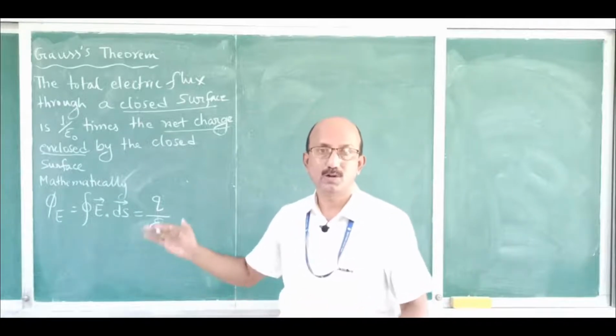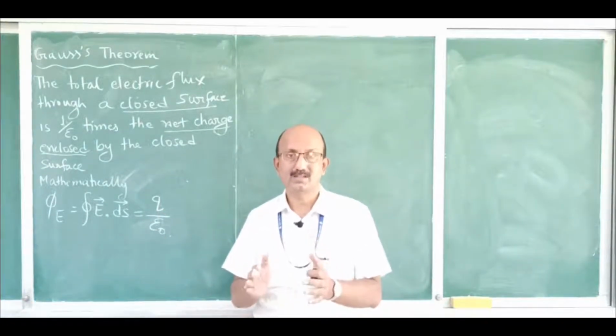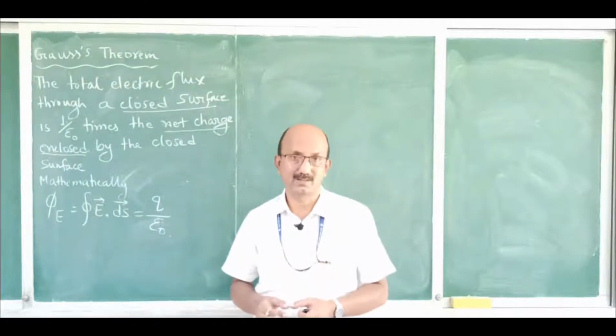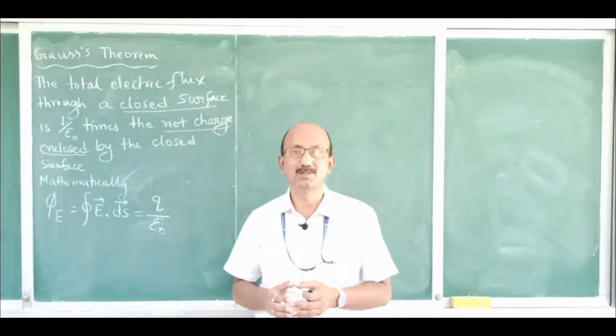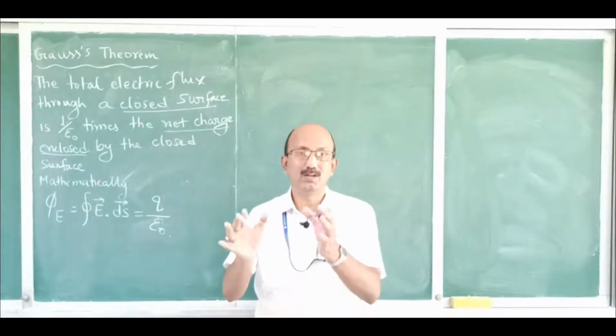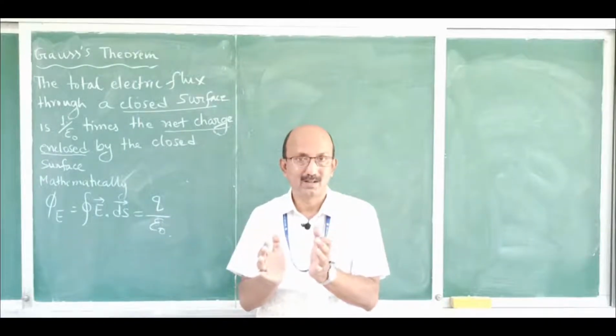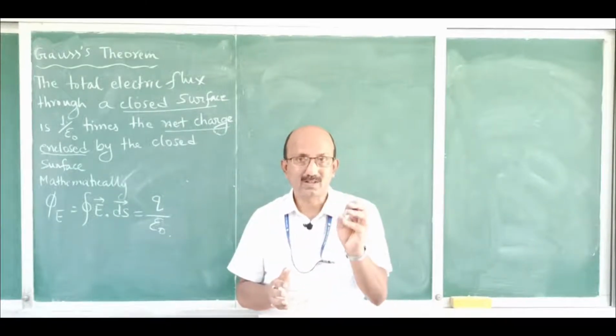So here Gauss theorem actually simplified the task of finding the electric flux associated with any surface, because the method of calculating flux associated with any object is not easy. We need to take a big surface, then divide that total surface into small surface areas.